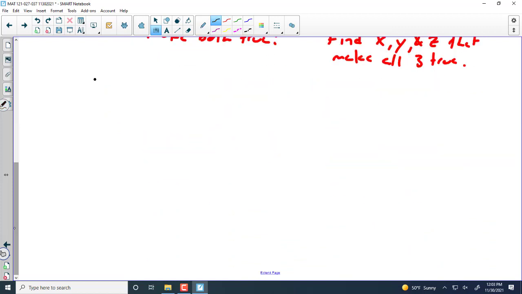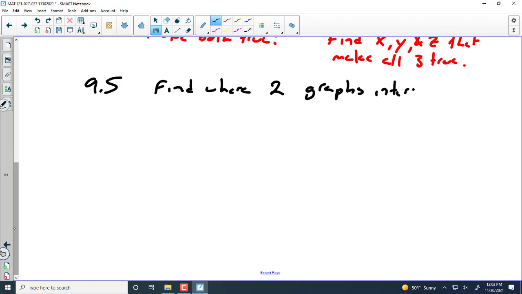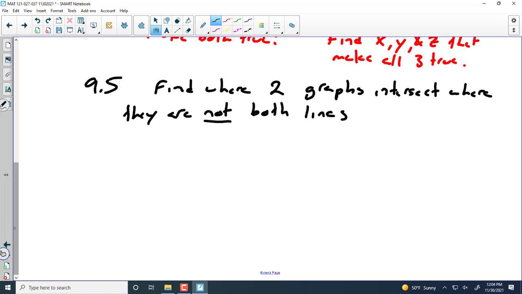In section 9.5, which will be our last section that we'll cover on Thursday, you find where two graphs intersect, where they are not both lines.